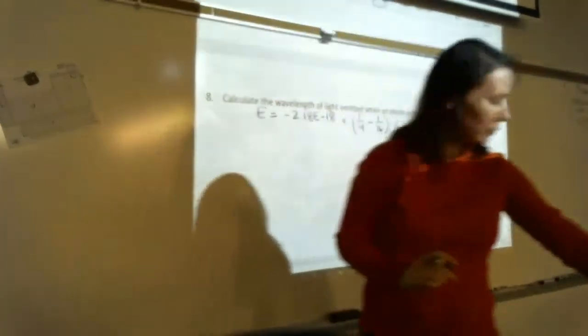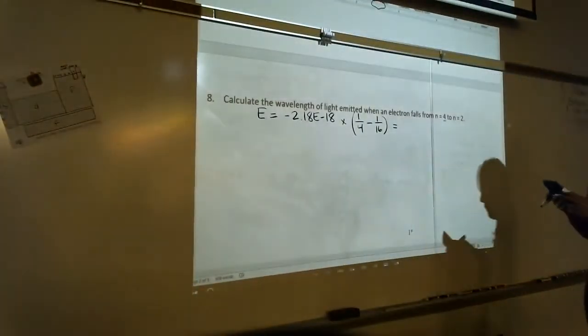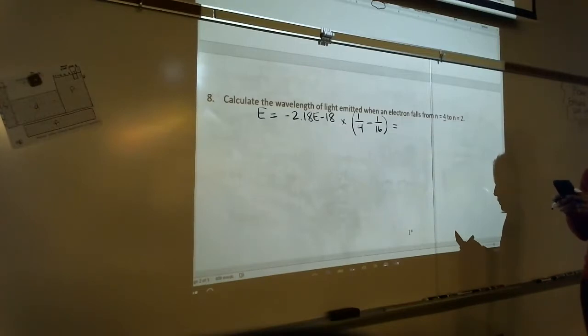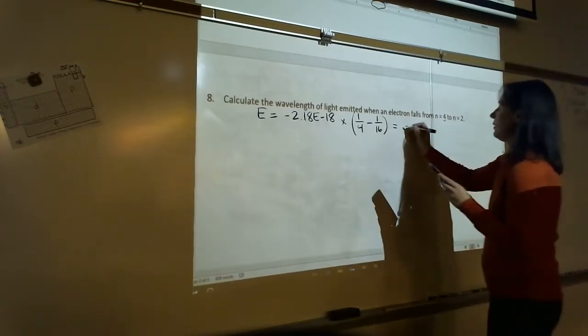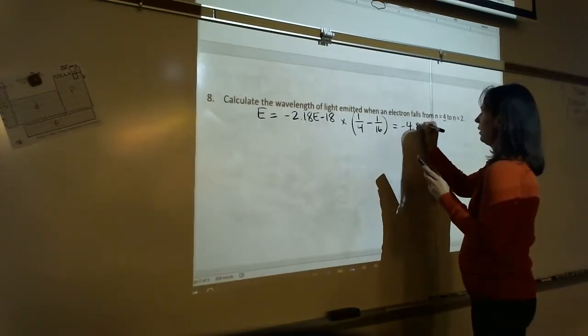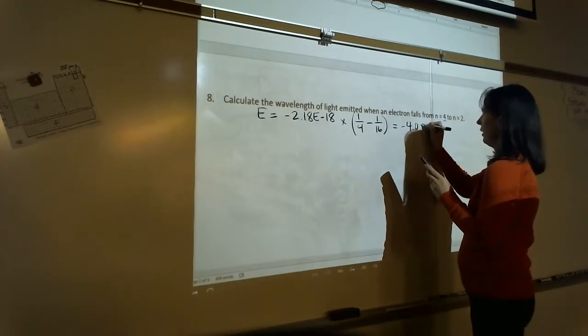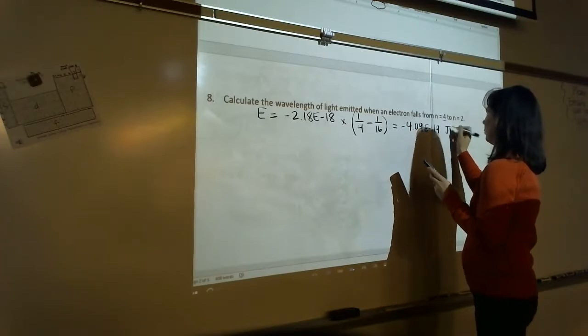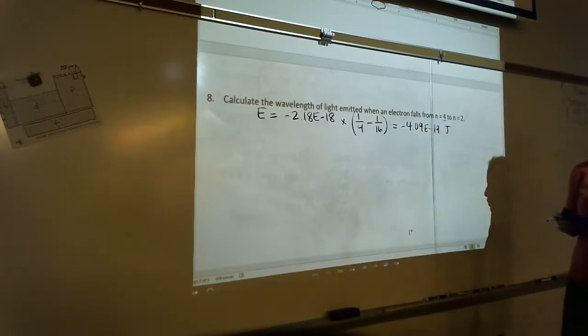So that gives me, I got negative 4.09, let's just round, 4.1 times 10 to the negative 19 joules. Do we agree? Yes. Now that's energy.